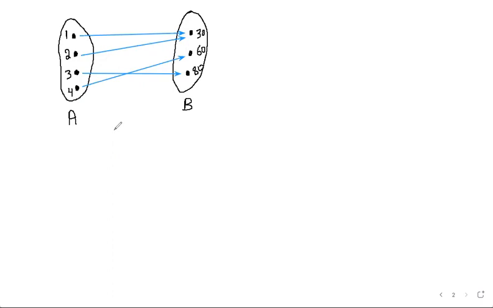So here I can say every input has one output.